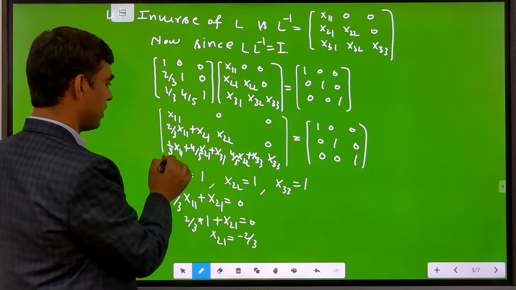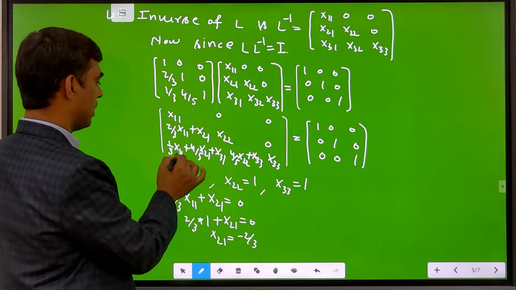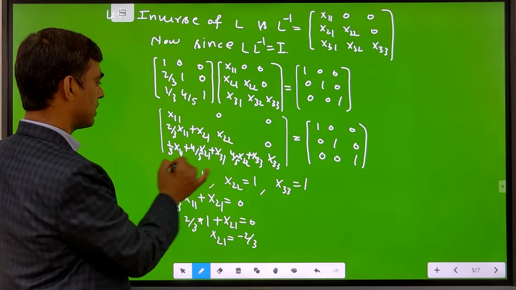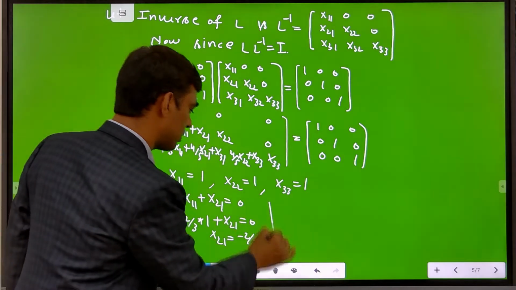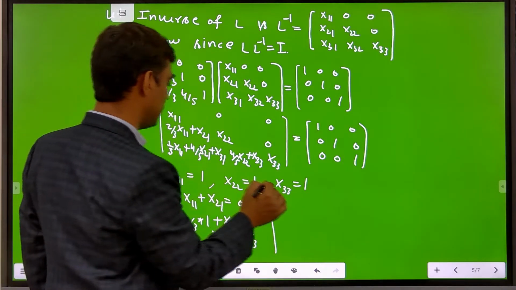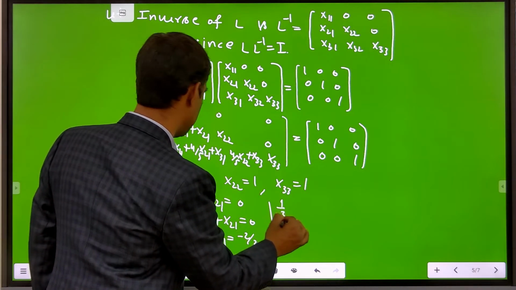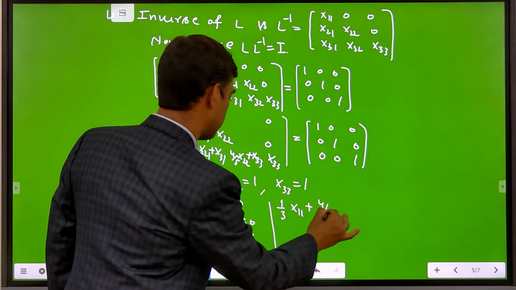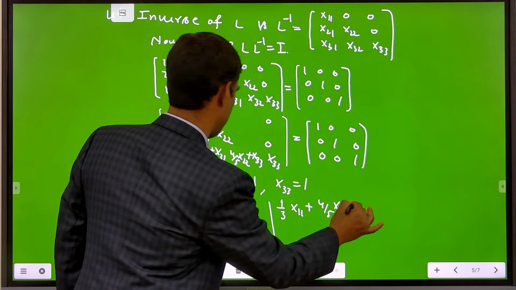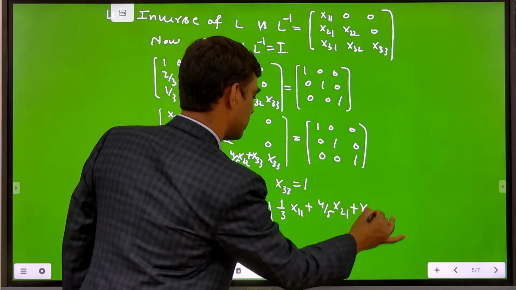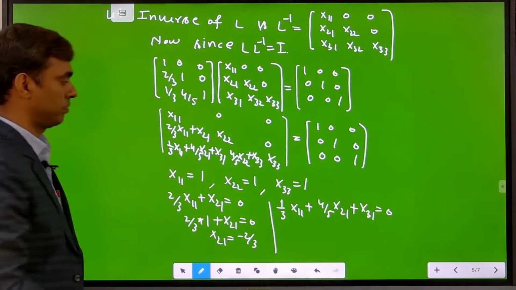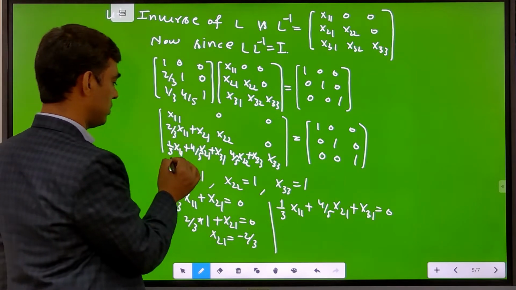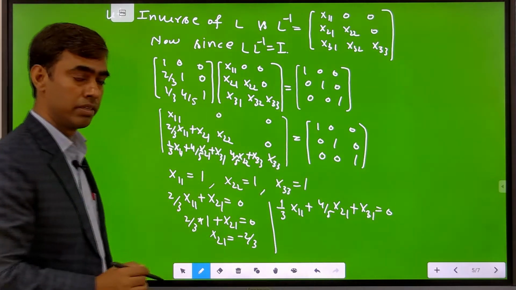Similarly, with x11, x21, x31, we are able to find the value of x31. So 1/3 x11 plus 4/5 x21 plus x31 equals 0, because this one and this one are 0.